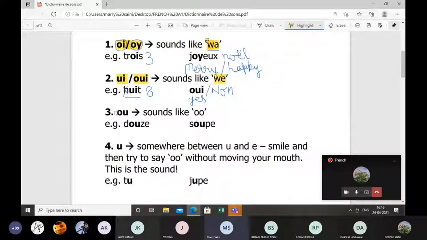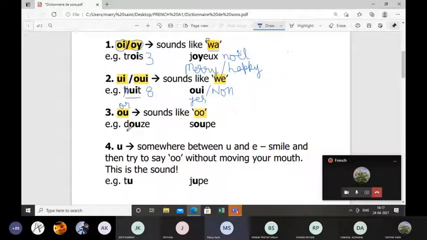Next sound that you have here is OU. Whenever in a word you have OU, the sound that we have here is oo. And OU itself is a word. When you say ou, the meaning is or. But whenever in a word you have this OU, the sound is also oo.